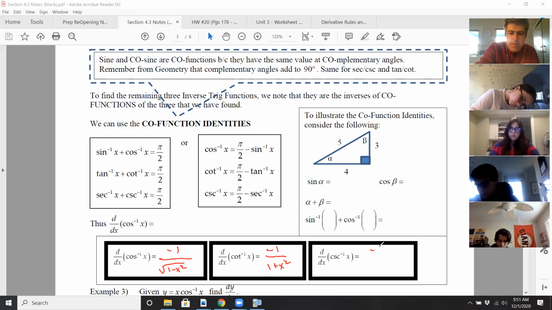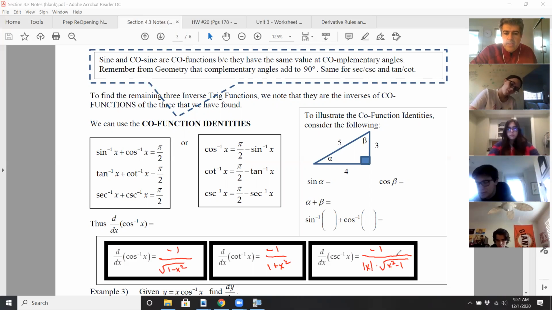This will be negative 1 over absolute value of x times square root of x squared minus 1. So you'll notice that they're simply the negative counterparts of their complement trig functions. So inverse cosine is just a negative counterpart of inverse sine. The derivative of inverse cotan is just a negative of the derivative of inverse tan. And likewise for inverse cosecant to inverse secant.